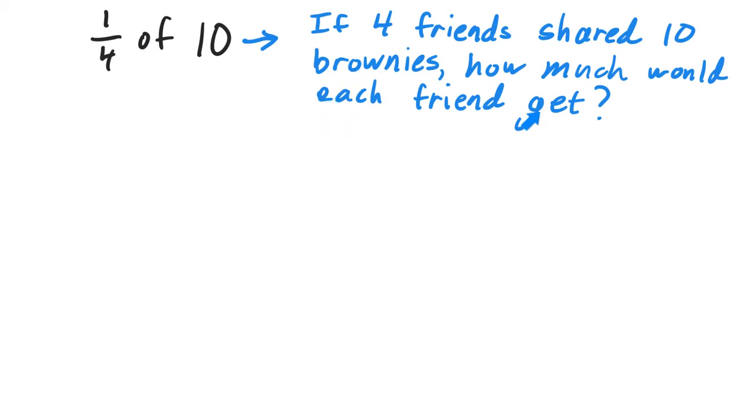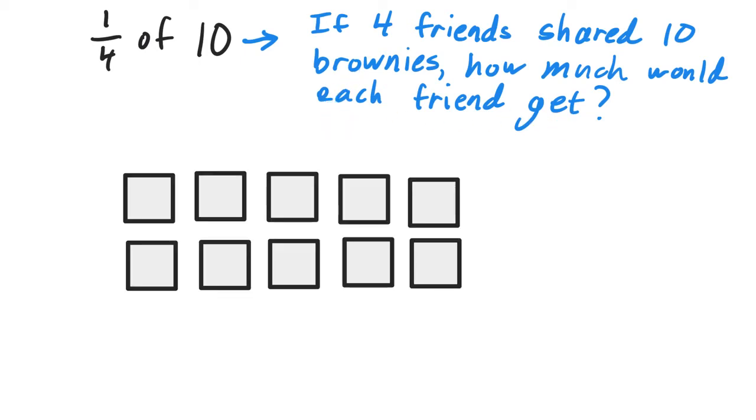How much would each friend get? So I know each friend's going to get at least 2 brownies. So my red friend will get 2, my blue friend will get 2, my green friend will get 2, and my yellow friend will get 2.